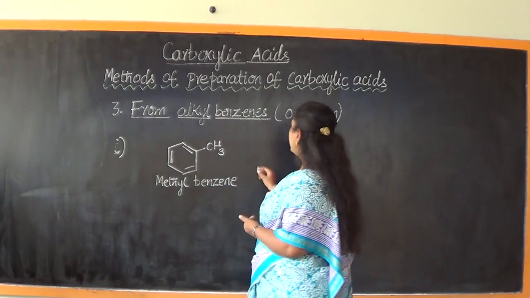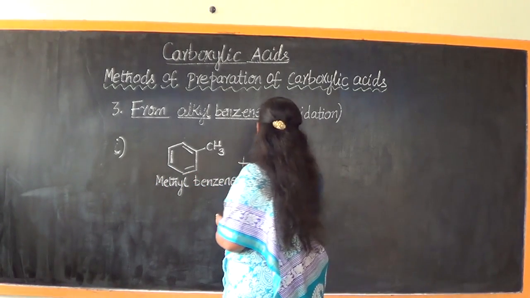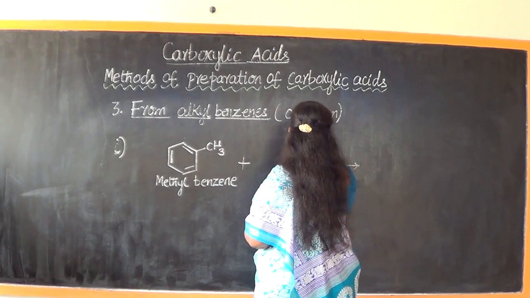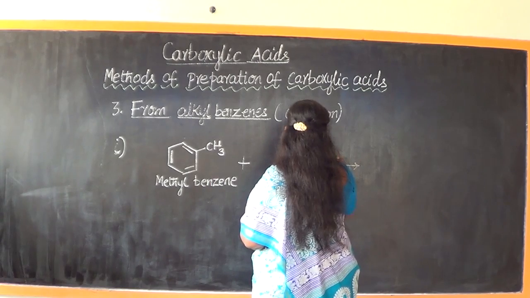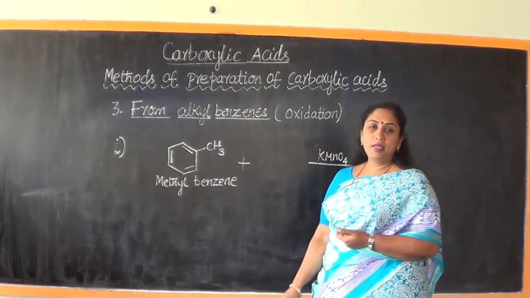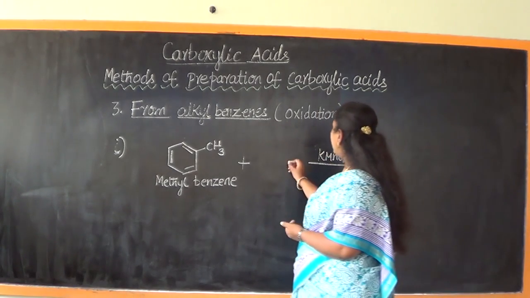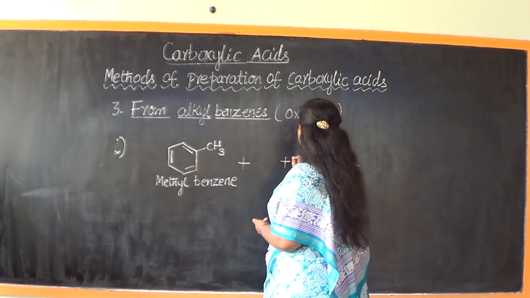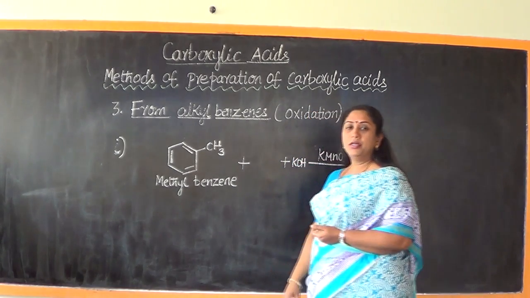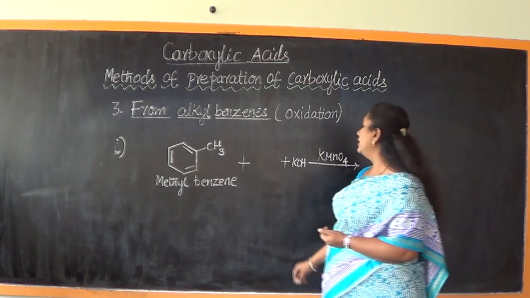Now, methyl benzene is treated with alkaline potassium permanganate, which is an oxidizing agent. KMnO4 is potassium permanganate and it is treated with a base, that is potassium hydroxide in this case.